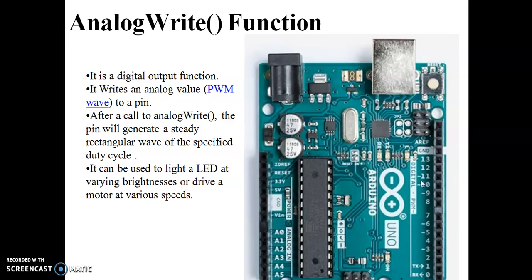In the last unit, we learned some digital input output pins. In that, we learned that Arduino Atmega 328P has 6 PWM pins. These are pin numbers 3, 5, 6, 9, 10 and 11.